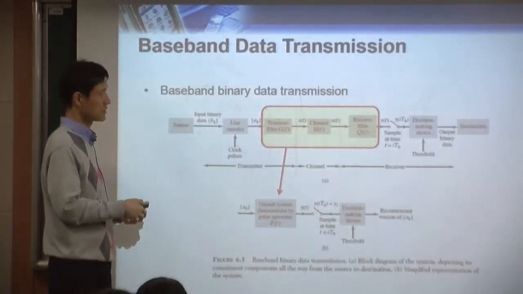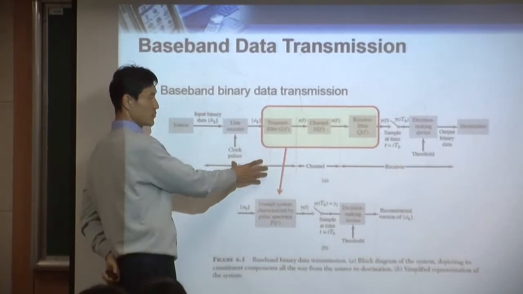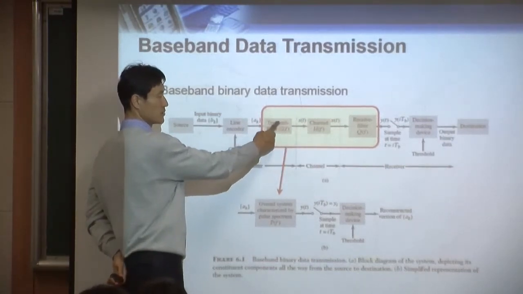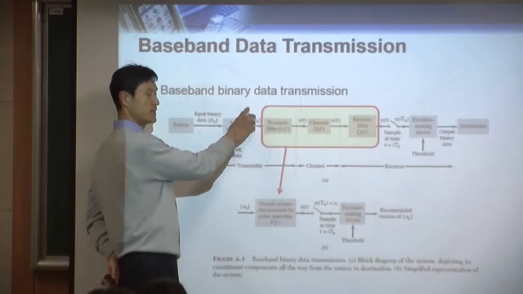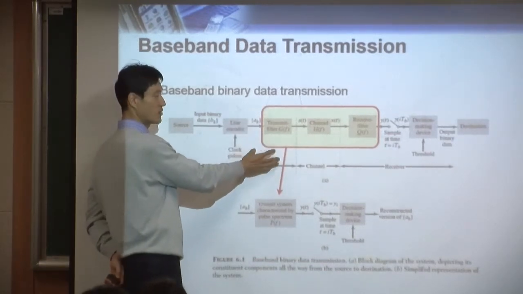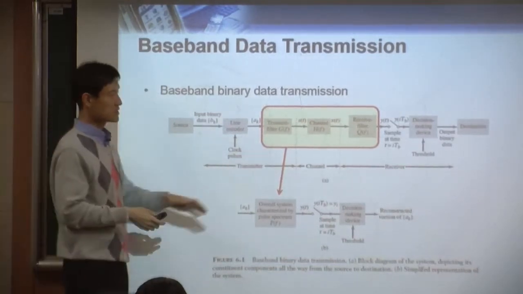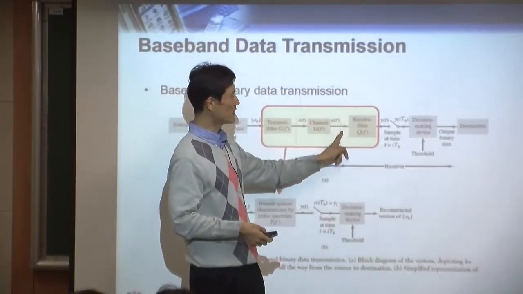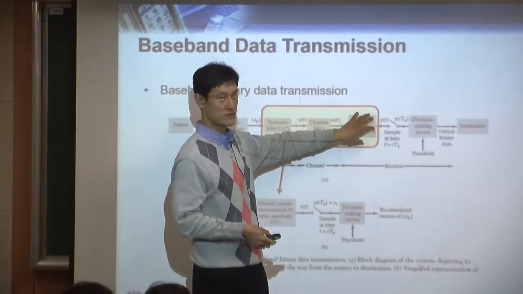Here's the receiver. In general, in every transmitter, we have a transmit filter. So this is the binary information we transmit, but at the end of the transmitter, we have a filter. We call that the transmit filter. At the receiver, we also have an antenna right here, but after the antenna, we generally have a receive filter.